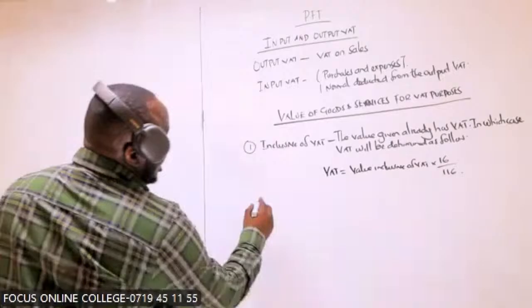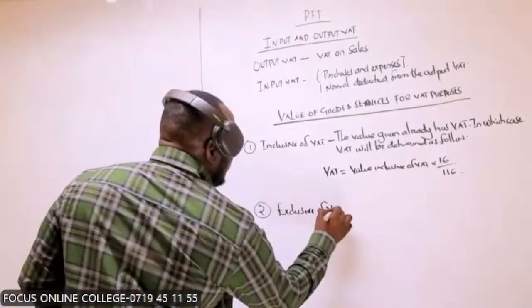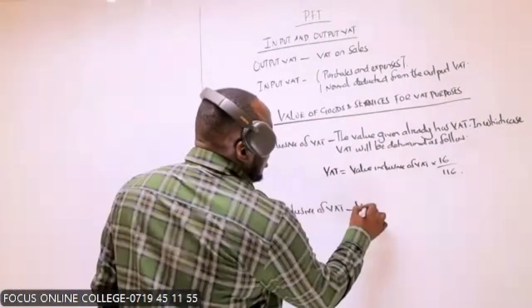So the second, we call it exclusive of VAT. Whenever we say exclusive of VAT, it means the value given does not have VAT.